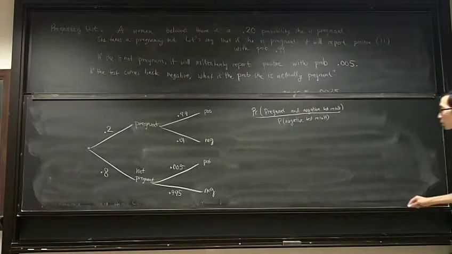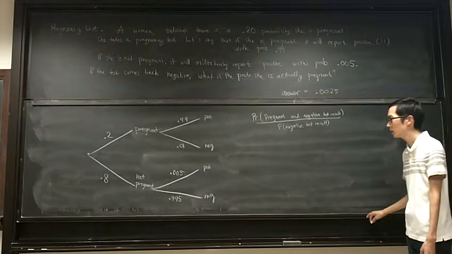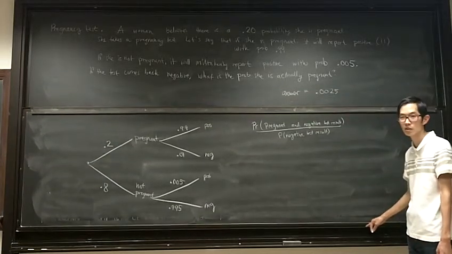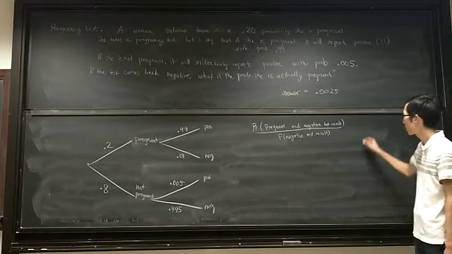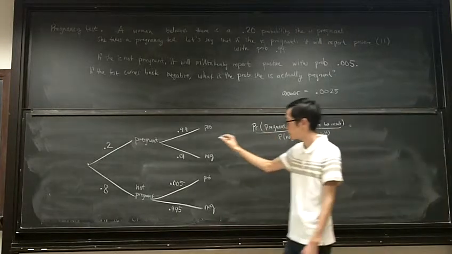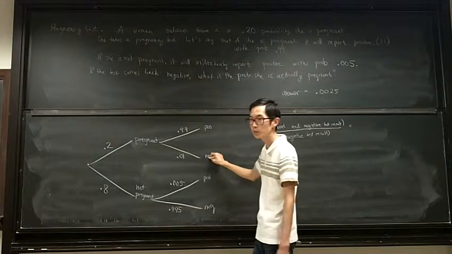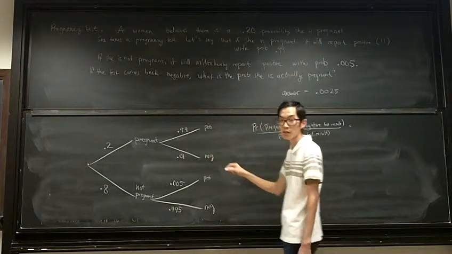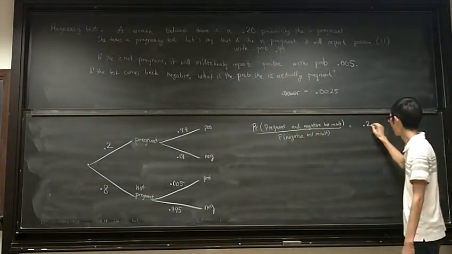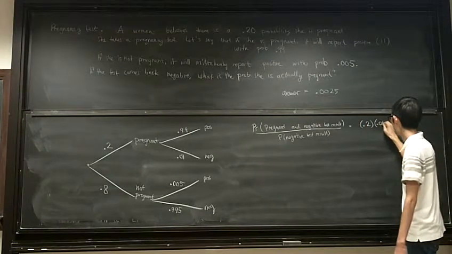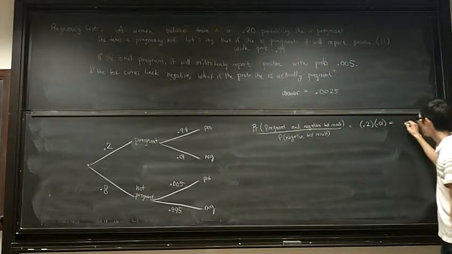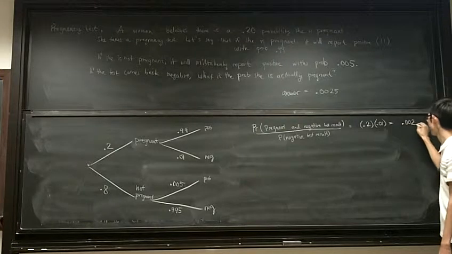So what's the probability that a woman is pregnant and gets a negative test result? It's 0.2 probability that she's pregnant, 0.01 probability that she will then get a negative test result. So we get 0.2 times 0.01, and so the top part is 0.002.